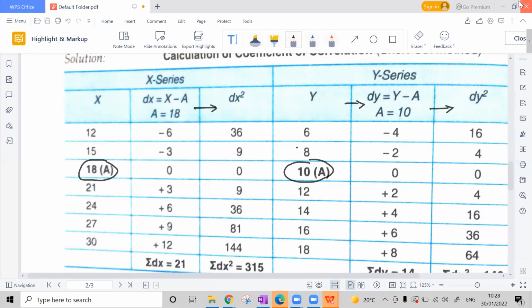Because this is the last method, the shortcut, because only two methods we have to discuss. First is the shortcut method and the other is the direct method. Shortcut is also known as the assumed mean method.